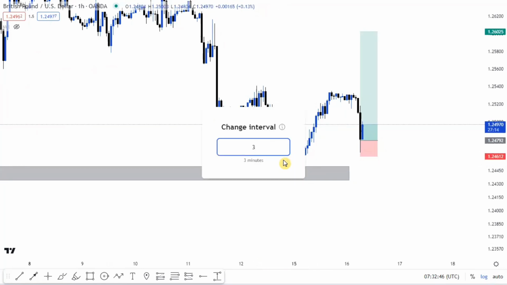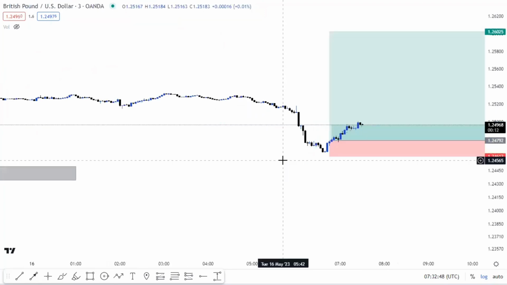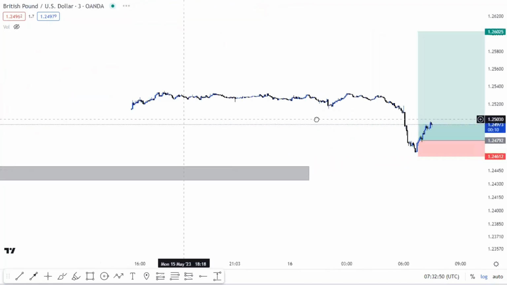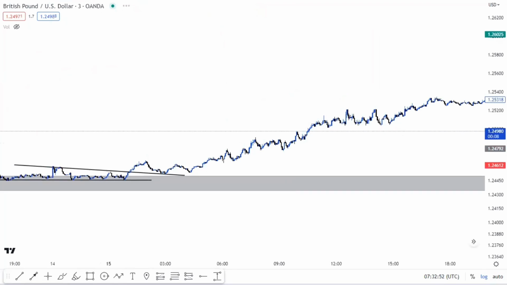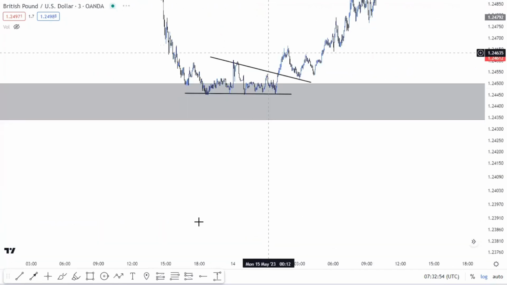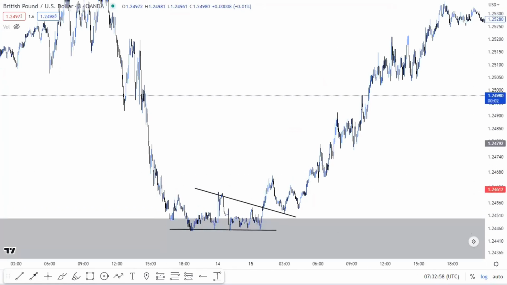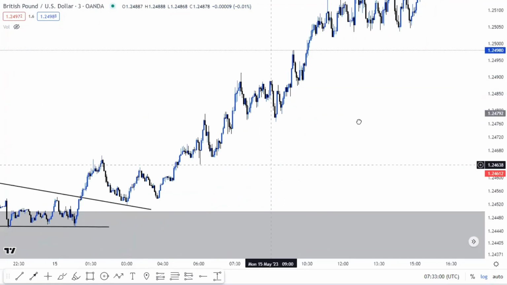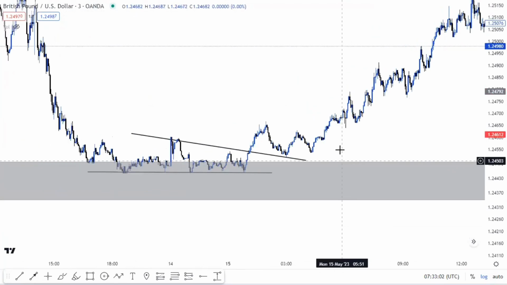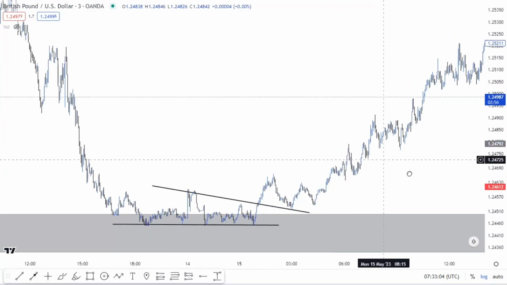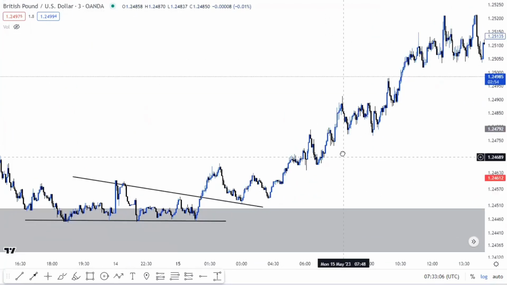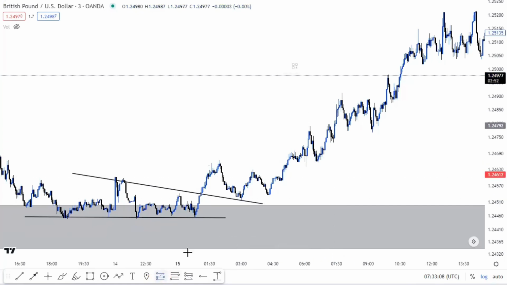I just had to wait for a breakout. After the breakout, that was when I had my trades in. This is not like the indices which I trade; this doesn't move that fast.